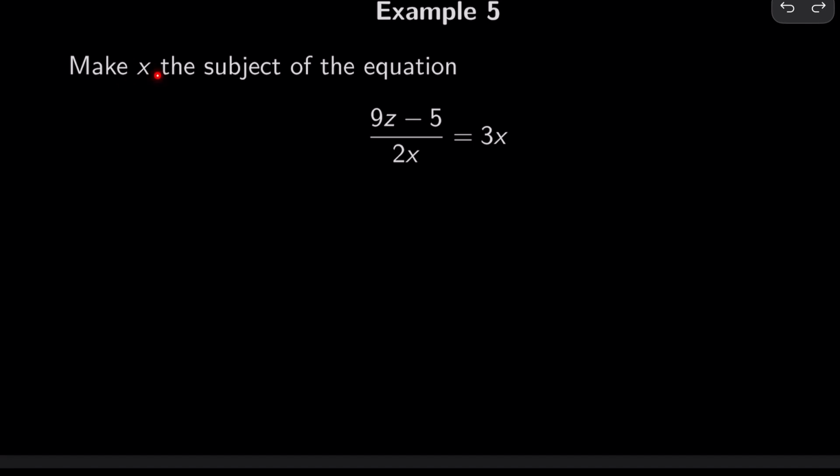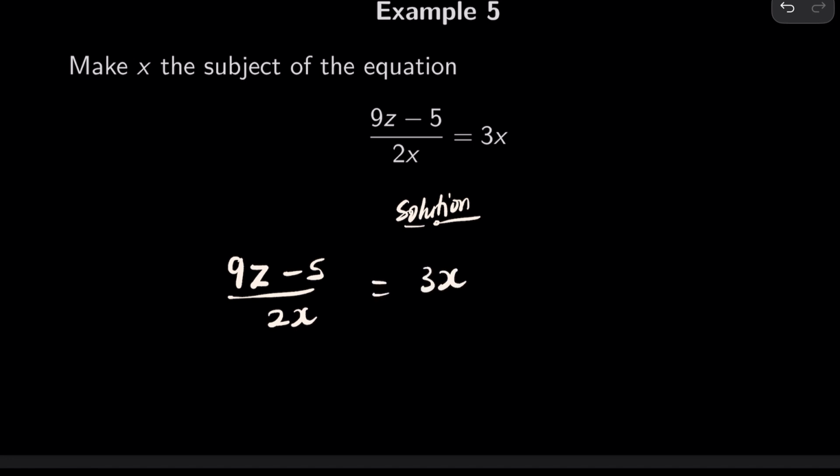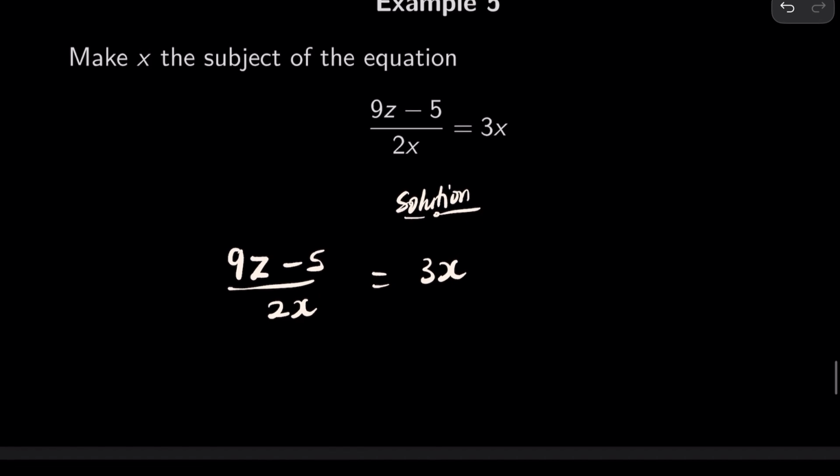Example 5. Make x the subject of the equation given below. Solution. We have the equation given as (9z - 5) divided by 2x is equal to 3x. So this is a fraction, so we need to find the LCM. So the LCM of these two is 2x, right? So you're going to multiply through by 2x.